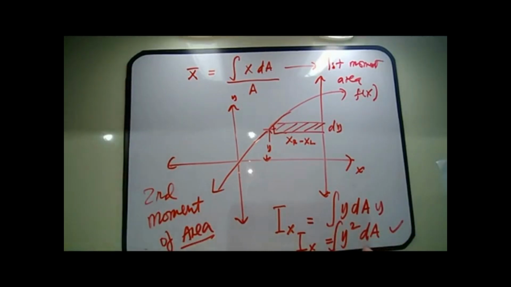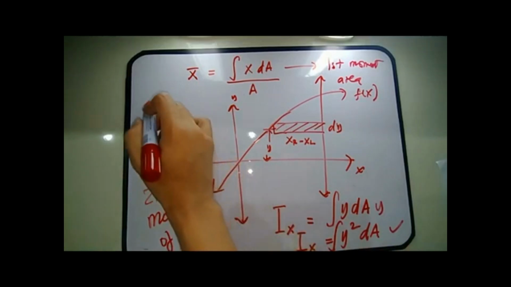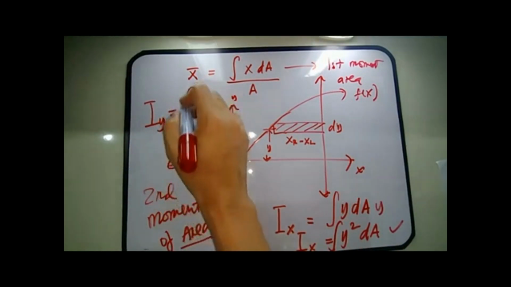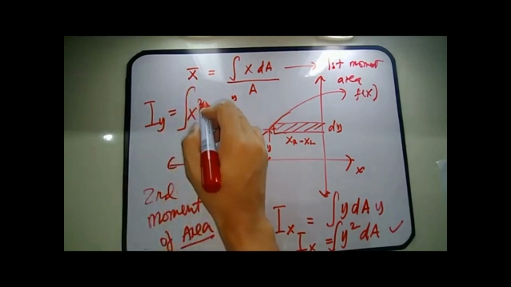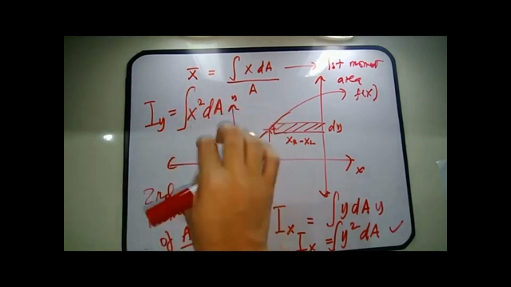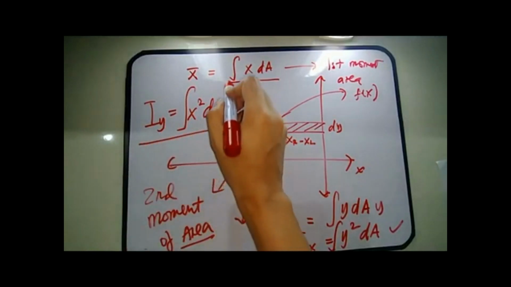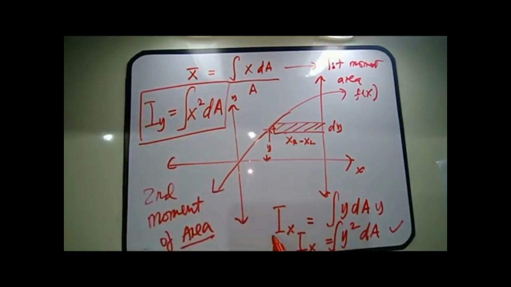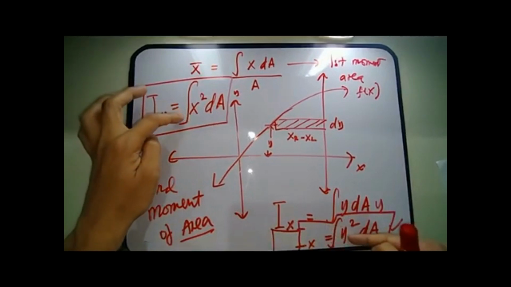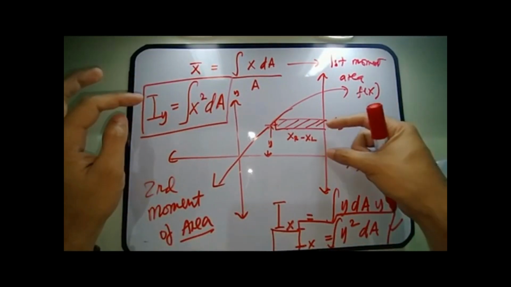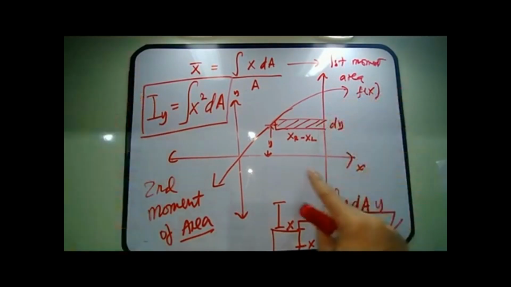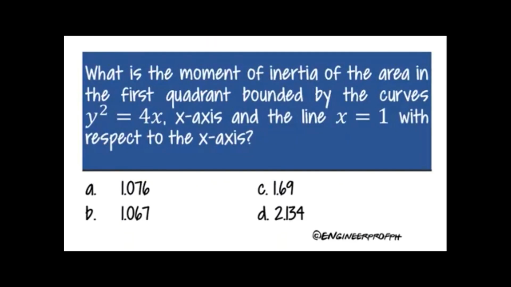If with respect to y, the formula will become the integral of x squared dA. The differential A, we already discussed in area by integration. So, we have here two formulas. They are different, guys, right? We notice that because we are dealing here with the distance of the strip to the reference axis. So, first problem, guys.